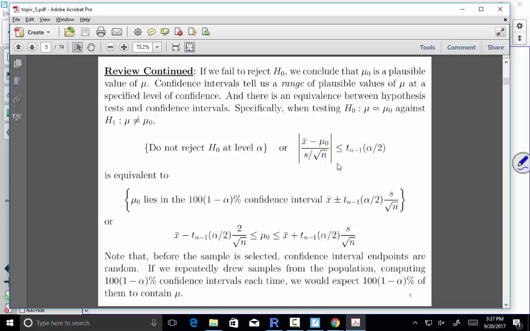If I do a confidence interval, what I ask is, is the null hypothesized parameter value contained in my confidence interval? Yes or no? And if the answer is no, I reject the null hypothesis. And those two approaches will agree. If the t-statistic is too extreme, then you know that mu0 is not in your confidence interval, and vice versa.